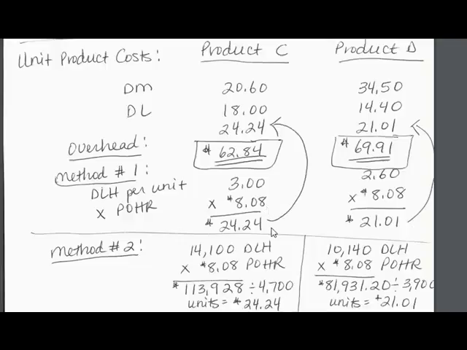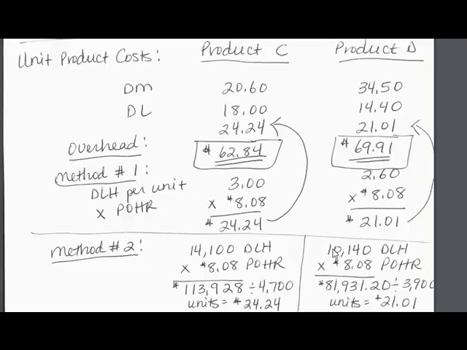And my answer of $24.24 represents the overhead cost per unit. This method works because the number of direct labor hours of 3 is already expressed on a per unit basis. And I know I'm allocating $8.08 in overhead for every direct labor hour worked. And so if it takes 3 to make 1 unit of product, I'm going to allocate $24.24 in overhead per unit of product.